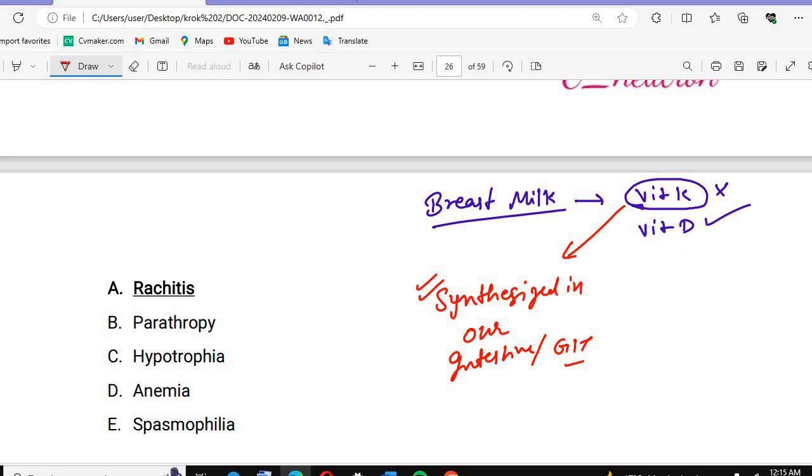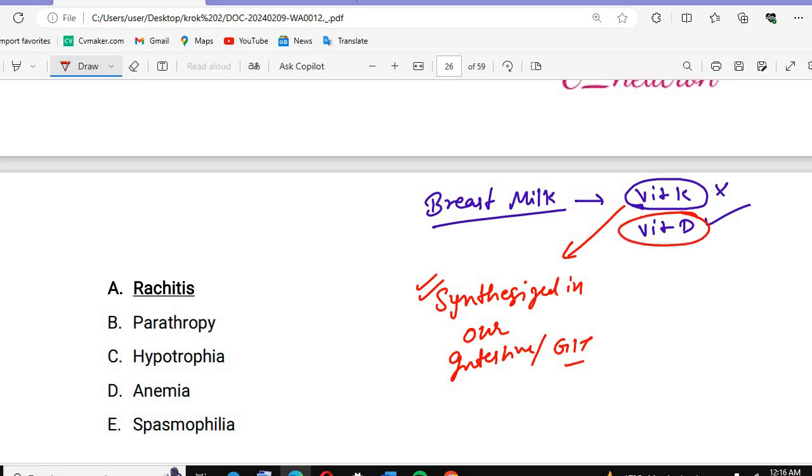So it takes time to develop, and after some time the bacteria help in the synthesis of vitamin K. That's why vitamin K is a noted deficiency factor in the baby. But vitamin D is the deficiency factor in the breast milk.